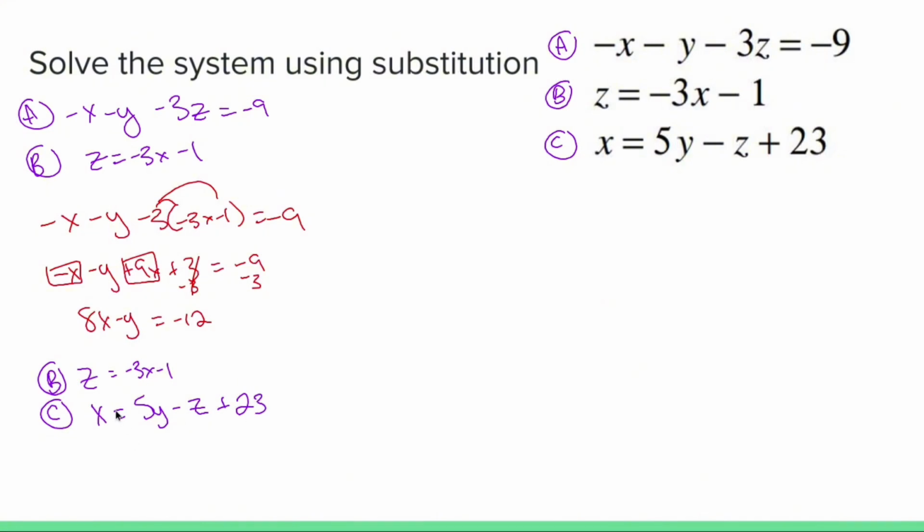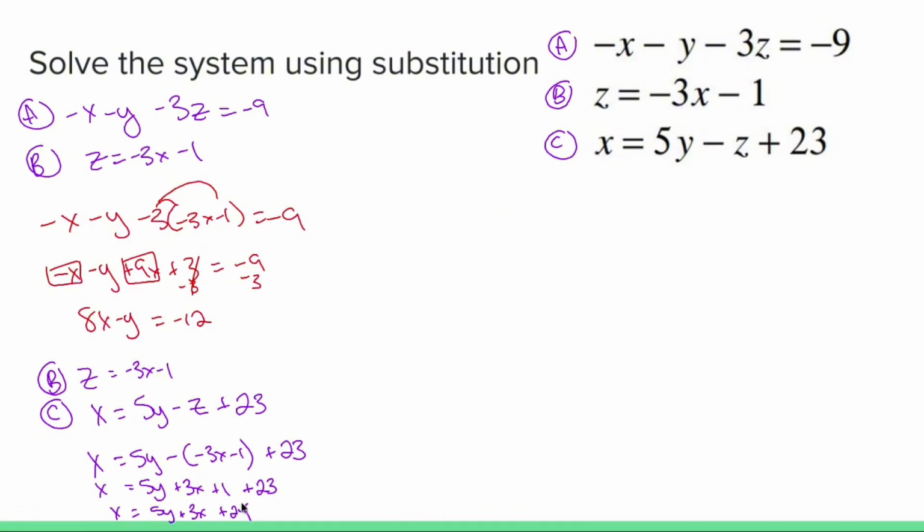So if z is negative 3x minus 1, x equals 5y minus parentheses negative 3x minus 1, plus 23. That gets us x equals 5y plus 3x plus 1 plus 23. After combining like terms, x equals 5y plus 3x plus 24.